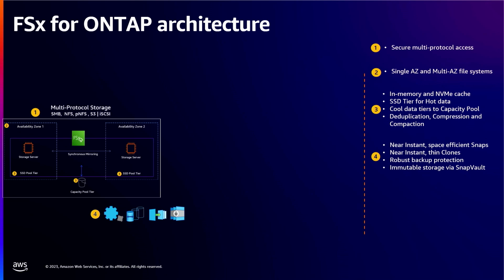Point-in-time protection is becoming more and more critical for our customers, where if there is a data corruption or a ransomware attack, you want to go back to how your data looked 10 minutes ago, 10 hours ago, 10 days ago, right? And you can do that instantaneously without any impact to application performance, as well as without any additional cost, because our snapshots are thin snapshots and instantaneous snapshots.